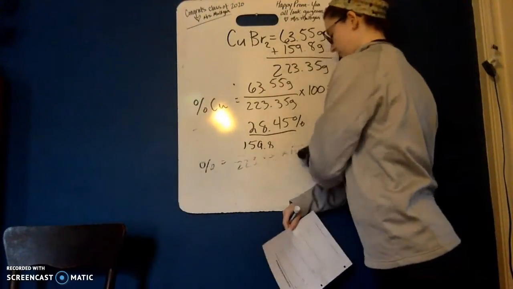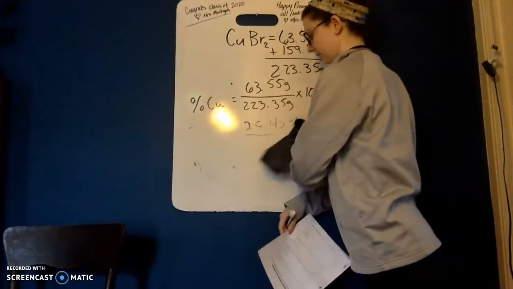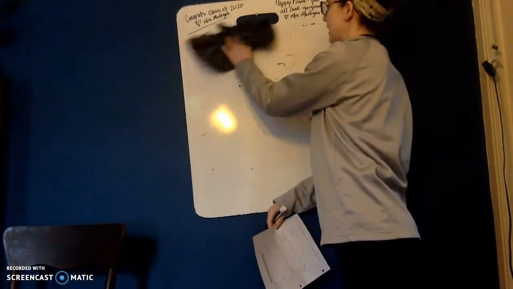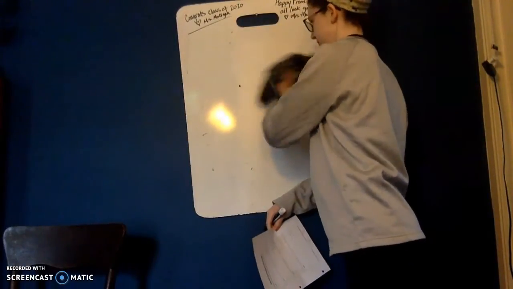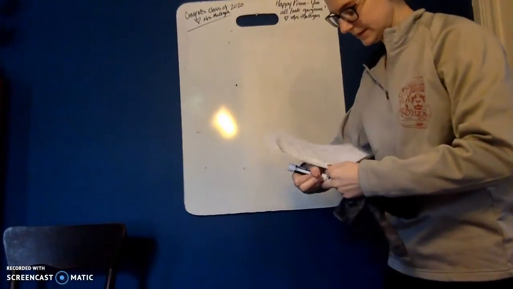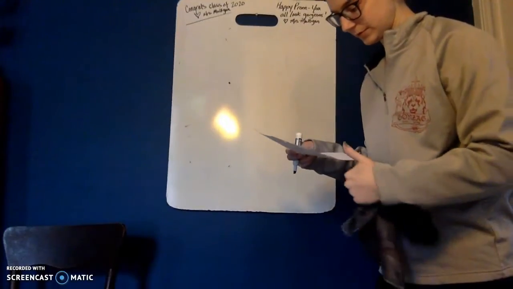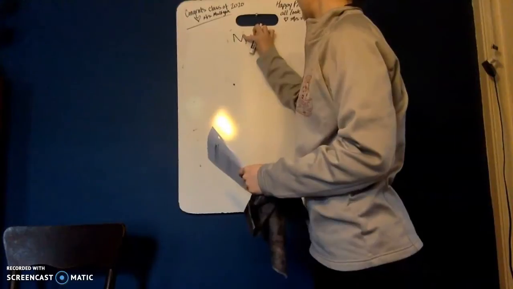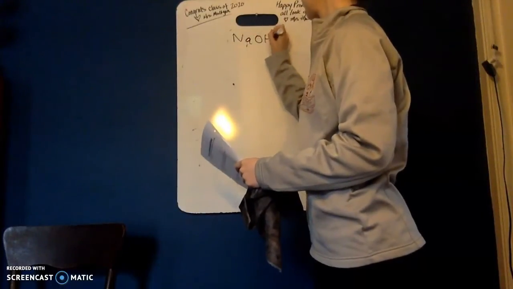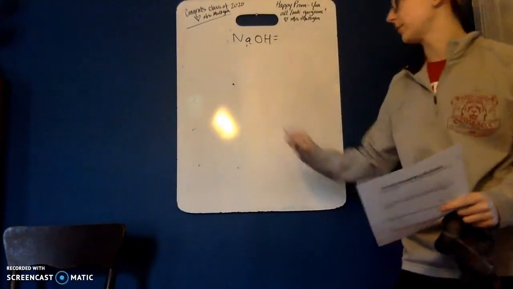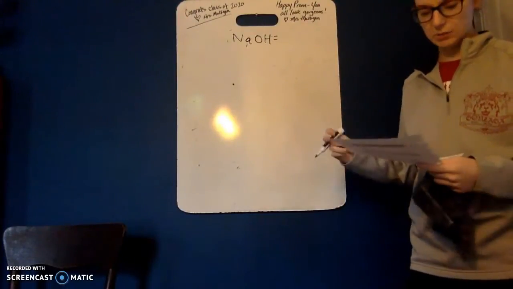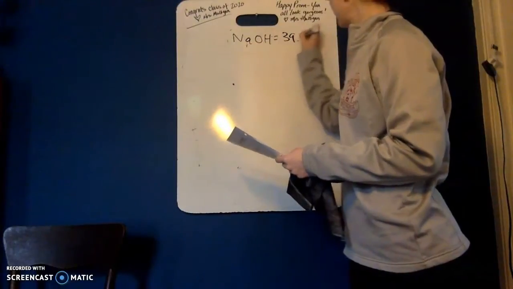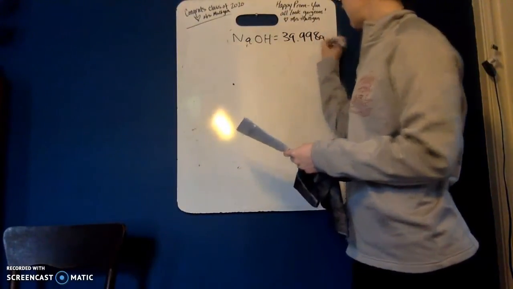For number 2, we have 3 elements involved. So we have sodium hydroxide, NaOH. First step is again to find the complete molar mass of the entire compound. So that molar mass is a sum of the molar mass of sodium, 1 oxygen, and 1 hydrogen, which is equal to 39.998 grams.